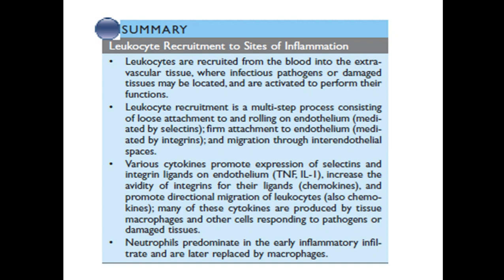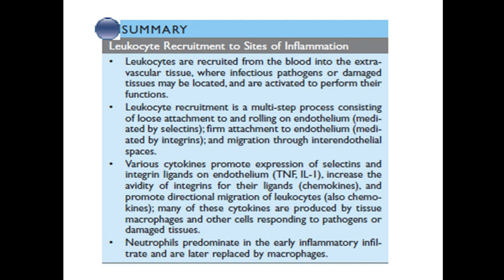So the warmth and redness, the two cardinal signs, are caused by vasodilation or increased blood flow to the site of the inflammation, or where the damaged tissue is located. And this accumulation of leukocytes, or the flow of the leukocytes to the damaged area or to the area where the dead tissue is lying, is known as leukocyte recruitment.